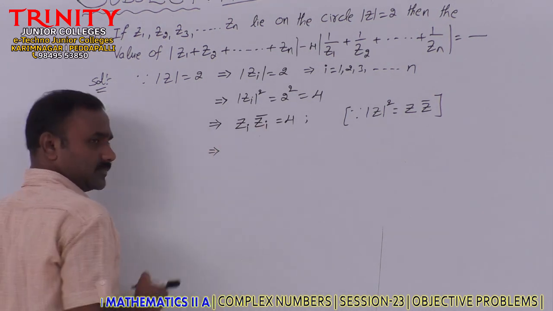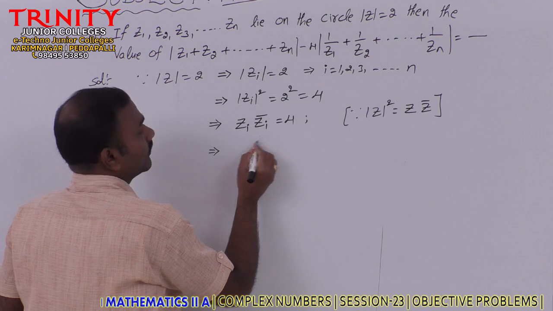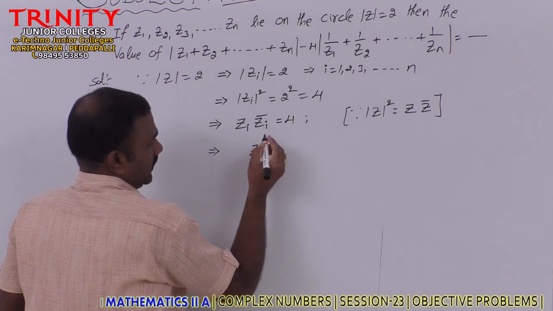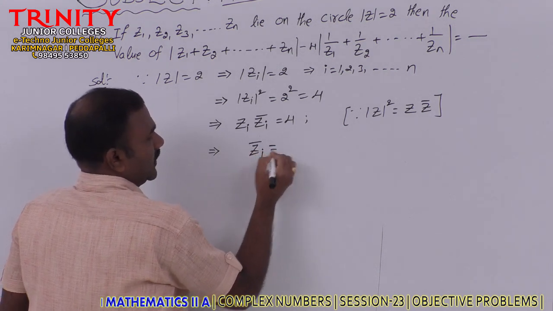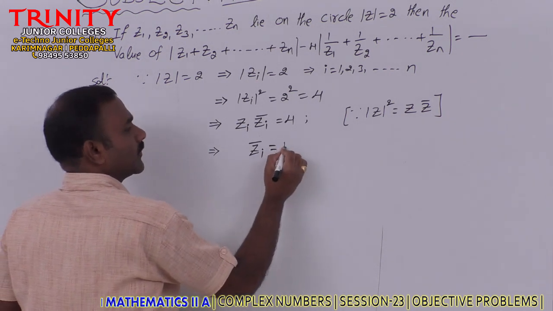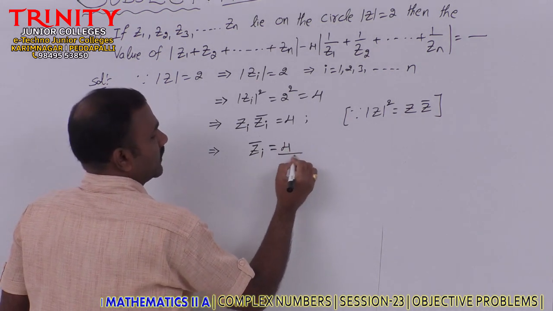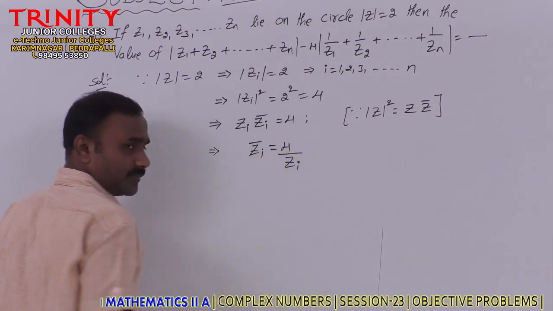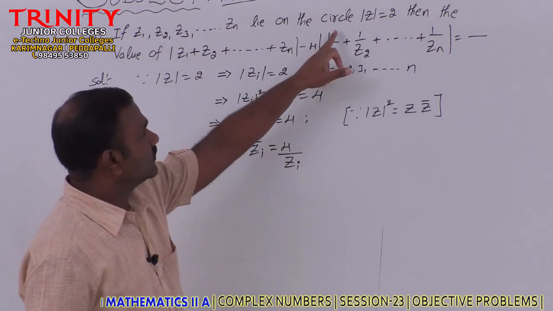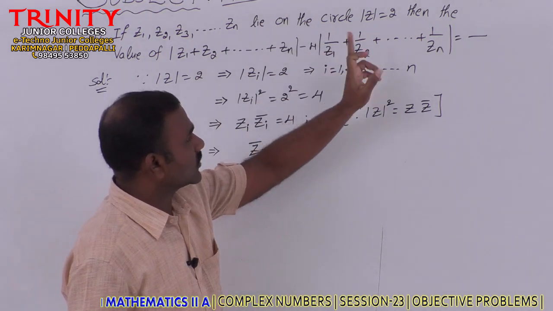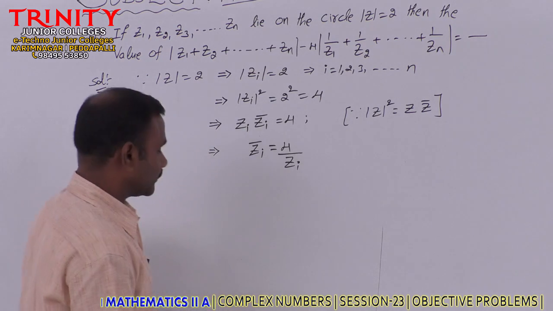From this, we can write Zi bar is equal to 4 by Zi. I want this value 1 by Z1 plus 1 by Z2 so on 1 by Zn.